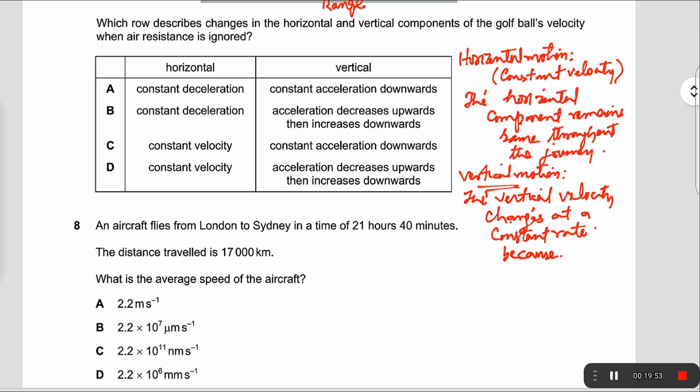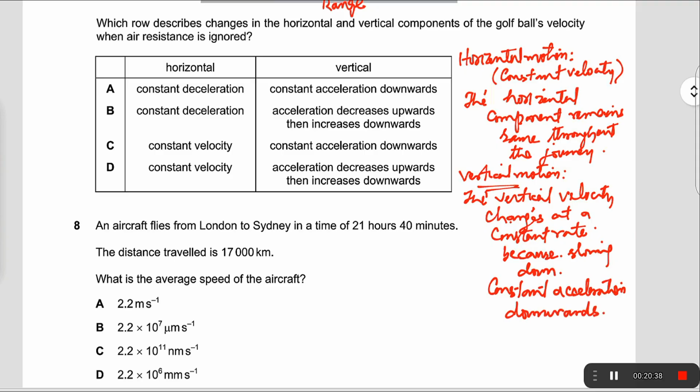So in the vertical motion, the acceleration is constant because it is a constant rate, because it is slowing down and then hits zero velocity at the peak. So we can say that there is a constant acceleration downwards.